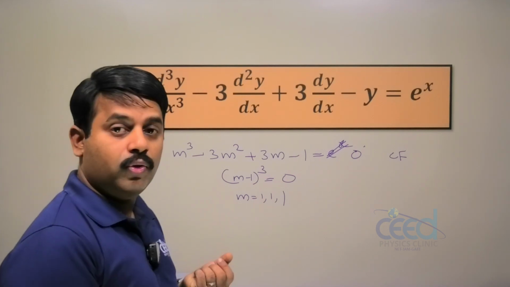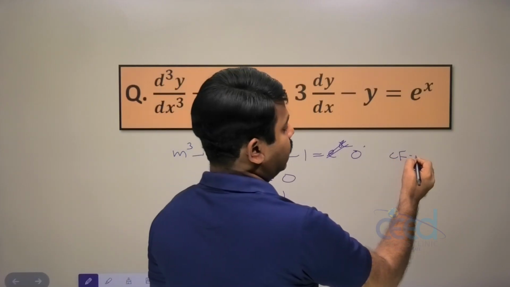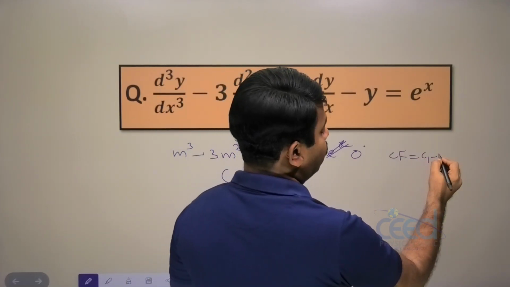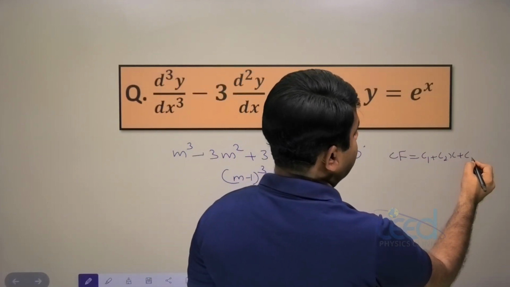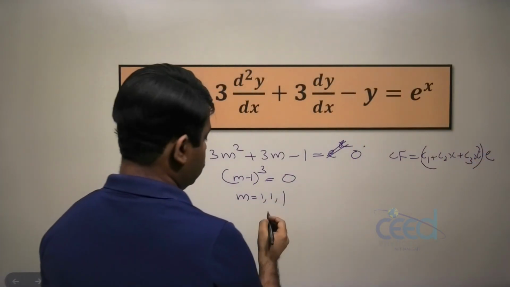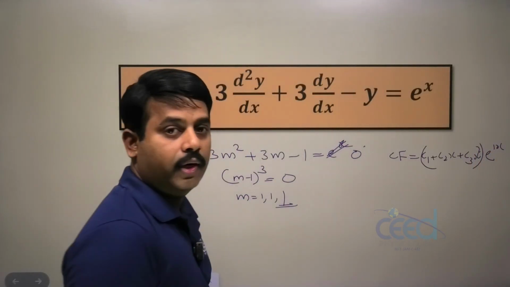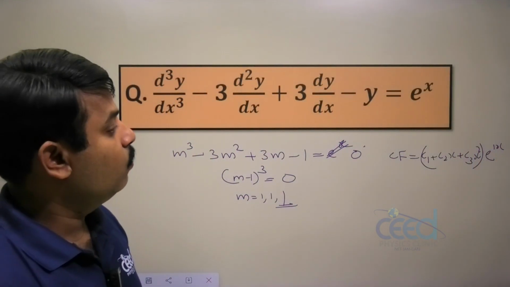If 3 roots are equal, what do we write? We can write CF is equal to C1 plus C2x plus C3 x square, into e raised to mx, that means e raised to 1x.